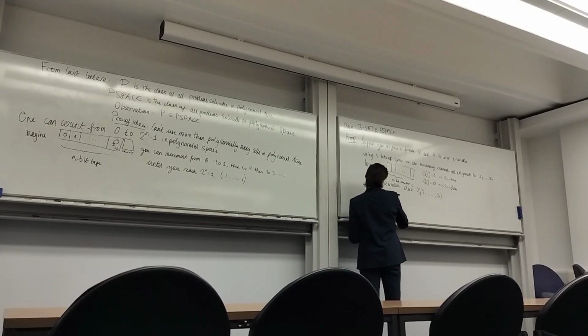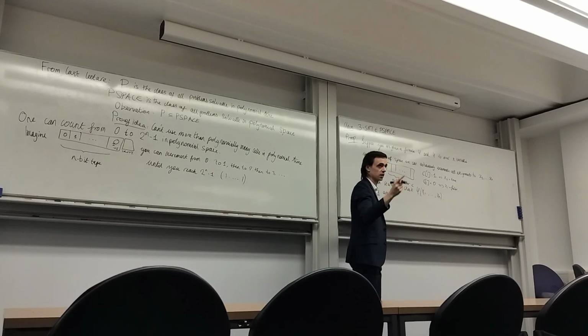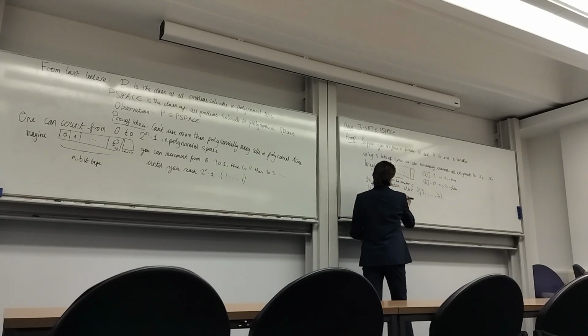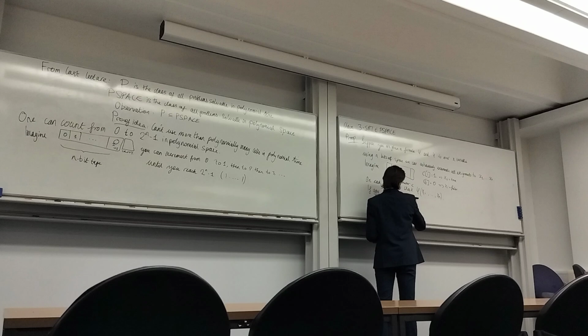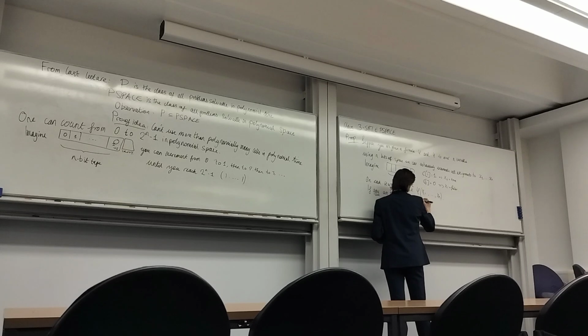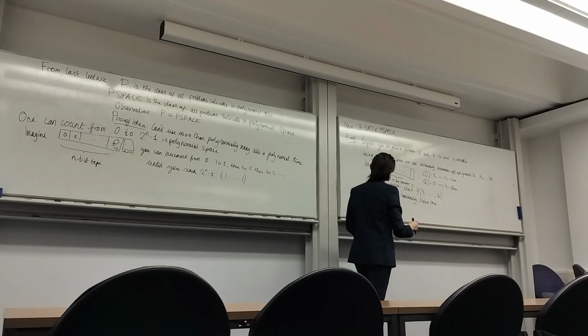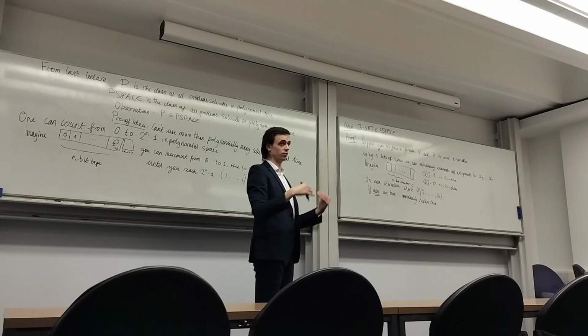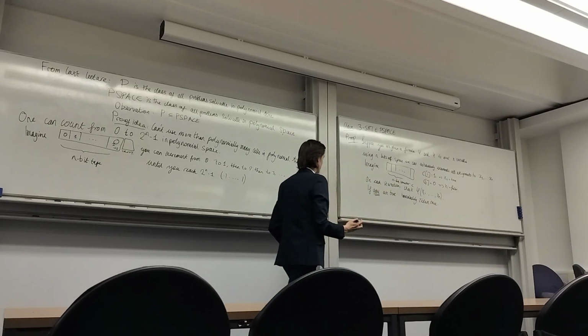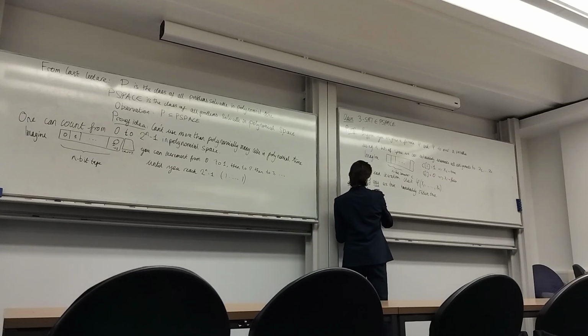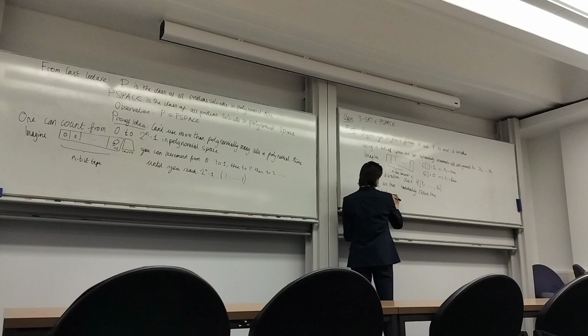If you see x1 through xn assigned to make phi of x1 through xn true, immediately return true, because the point of 3SAT is to decide whether the formula is satisfiable. If you find a satisfying assignment, you want to say yes. If you don't, so if C takes values of all ones and you still haven't found a satisfying assignment, return false.